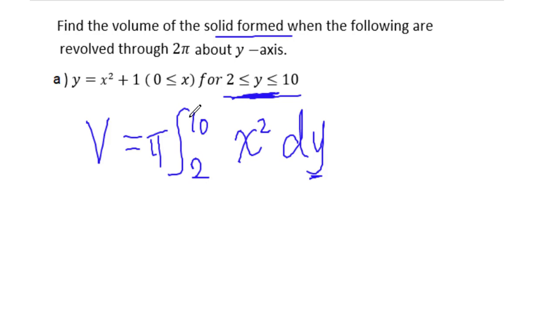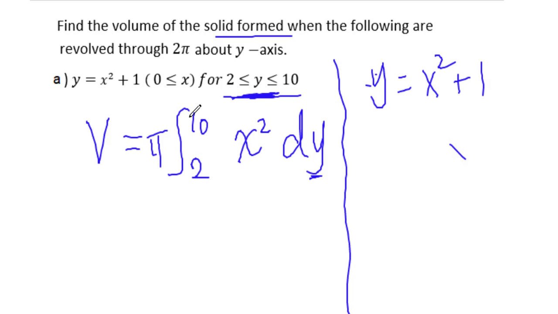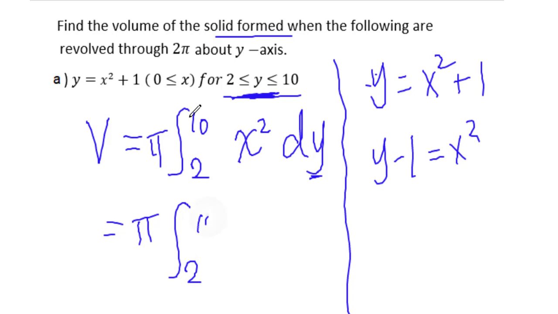Then you need to figure out this x squared. Since we have y equals x squared plus 1, x squared equals y minus 1. Therefore, you write down pi times the integral from 2 to 10 of y minus 1 dy.